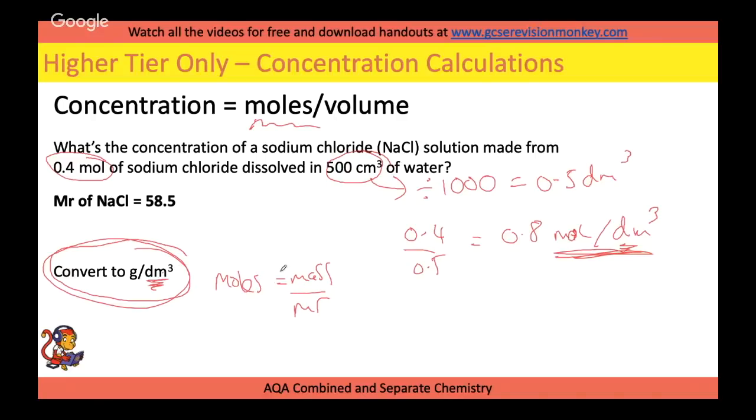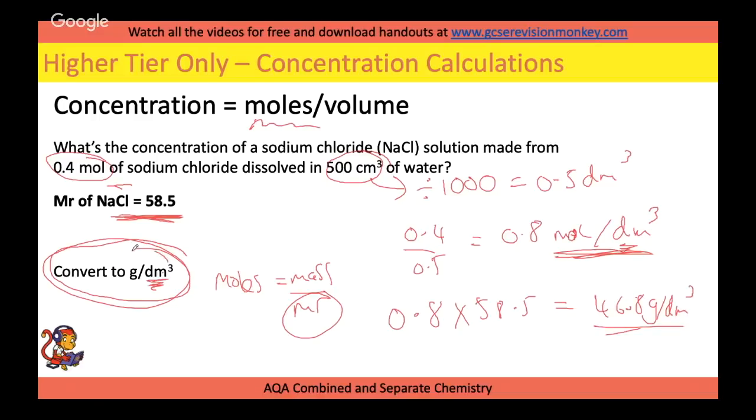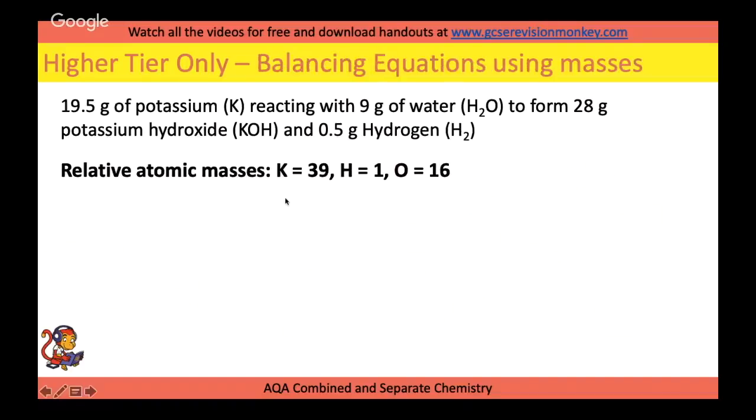Okay, rearrange that, mass equals moles times Mr. So we'd have 0.8 from before multiplied by the relative formula mass of sodium chloride, which they've given you here, to give you 46.8 grams per decimeters cubed. So this is a case where they've asked you, look at the units carefully, for grams per decimeters cubed and not moles per decimeters cubed. Could be 4 marks or so for that question.